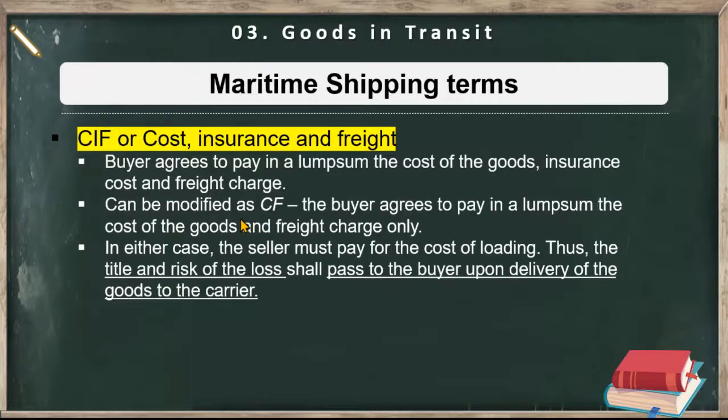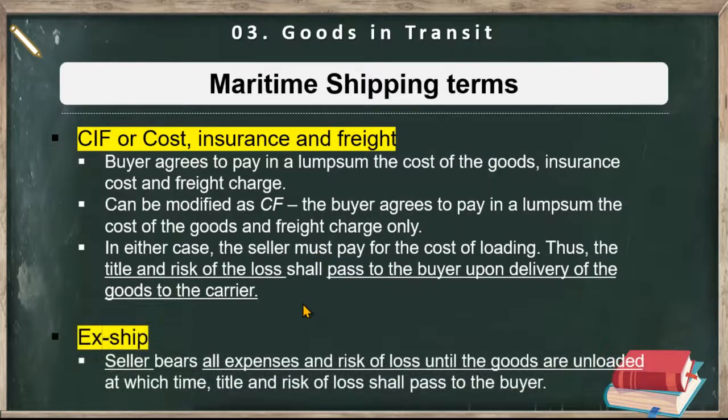So, therefore, pareha siya og substance sa FOB shipping point. 'Di ba? Kay once na nasa carrier, and of course, mularga man ang carrier, transfer na ang title. So, while in transit, ang buyer na ang owner sa goods.